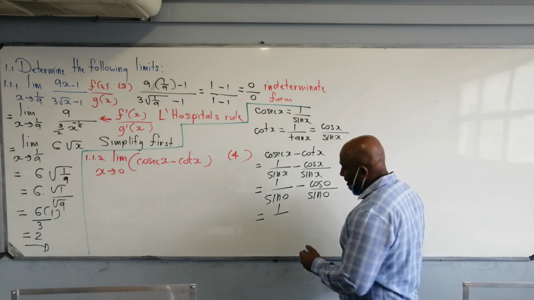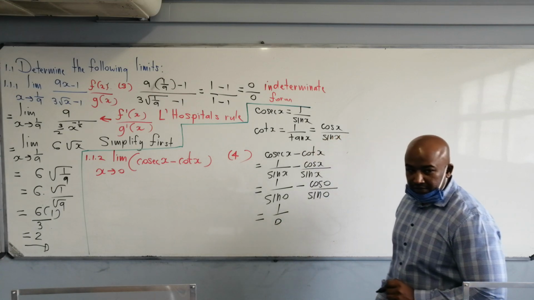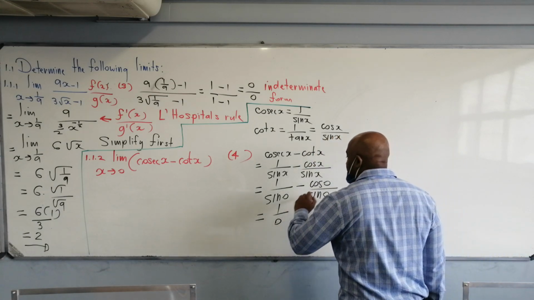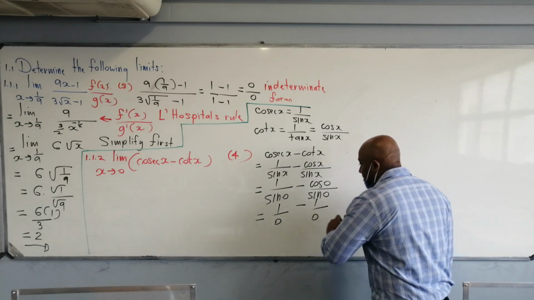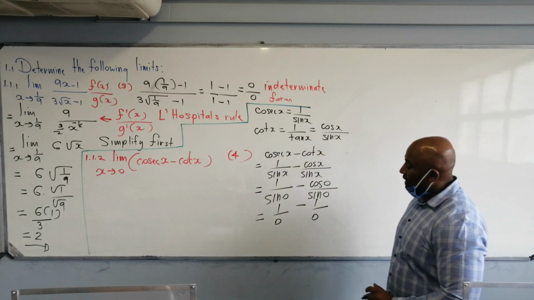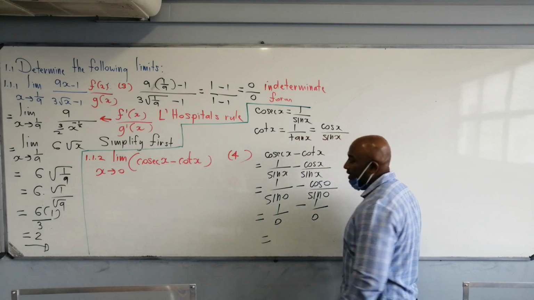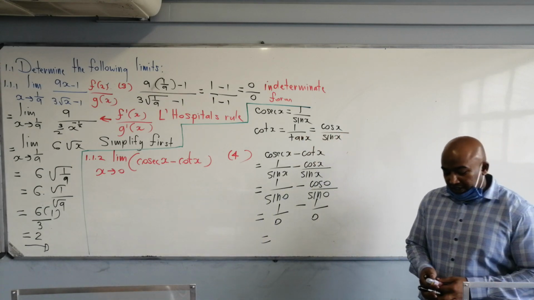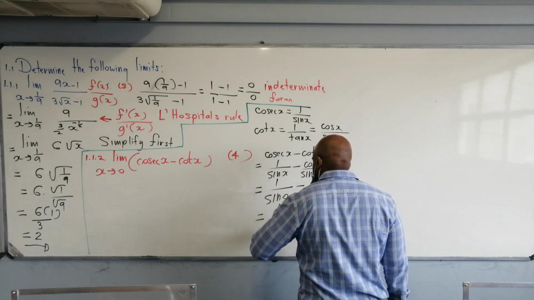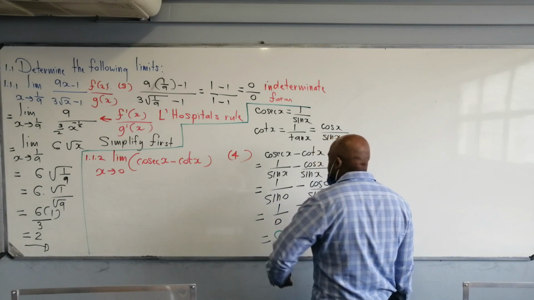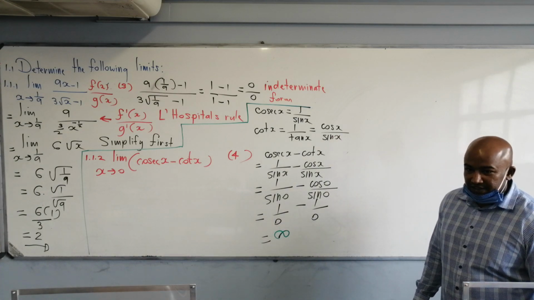So sine of 0 is 0. Then cos of 0 is 1. Sine of 0, 0 again. So a positive 1 divided by 0. When we're talking about limits, this is going to be infinity.